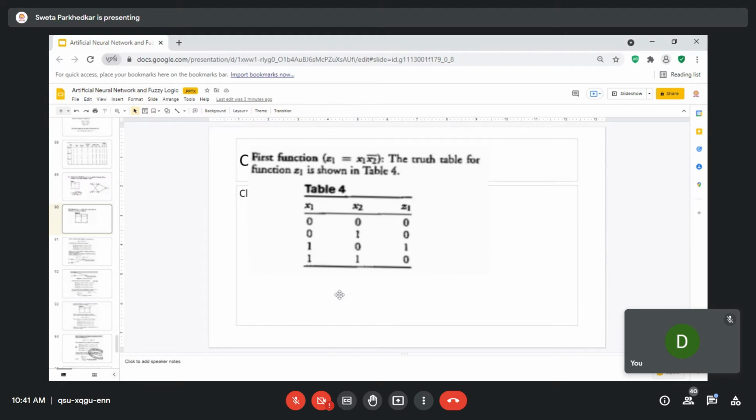So the first function, this is the next step. So the first function will consider Z1 is equals to X1, X2 bar. ठीक है. तो x1 x2 बार में क्या आएगा, 0 0 0 1 1 0 1 1 ये लिख लेना.